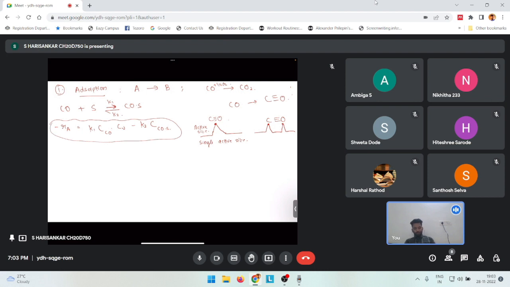Now let us say we have a situation where desorption or reaction is the rate determining step.